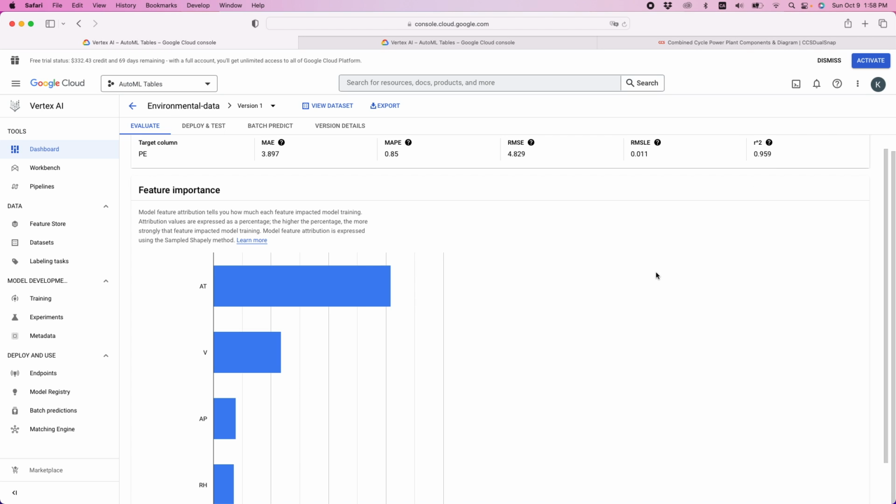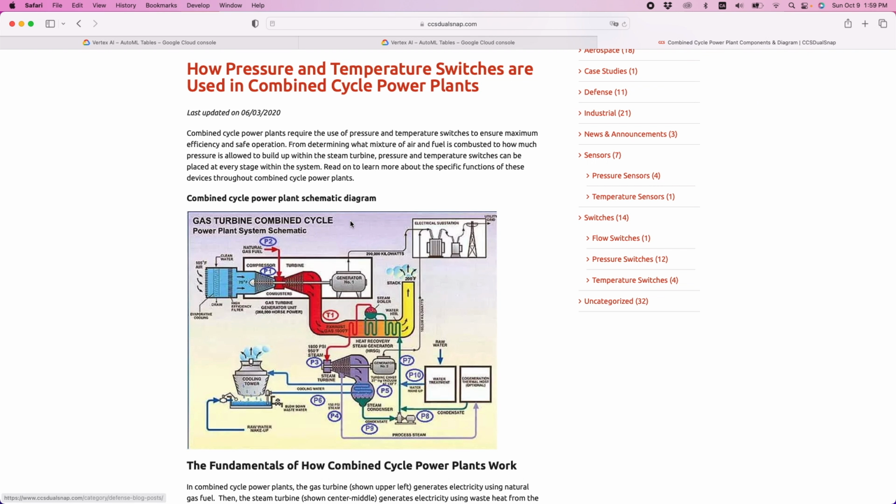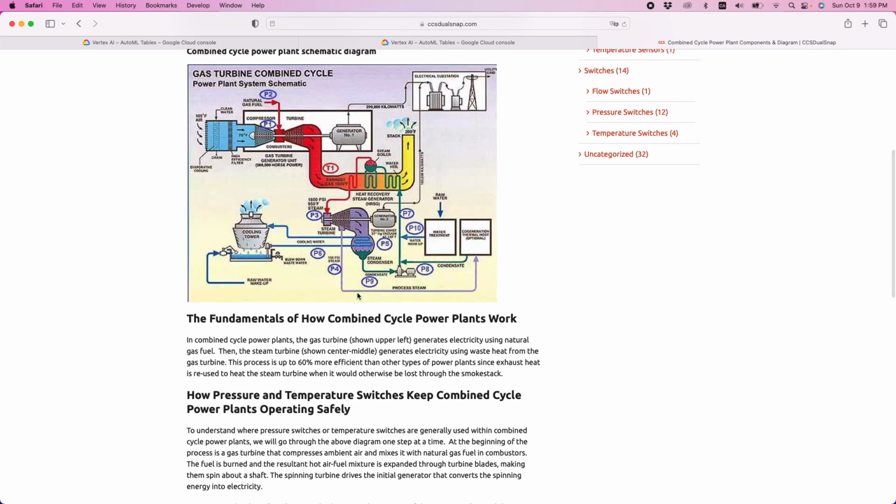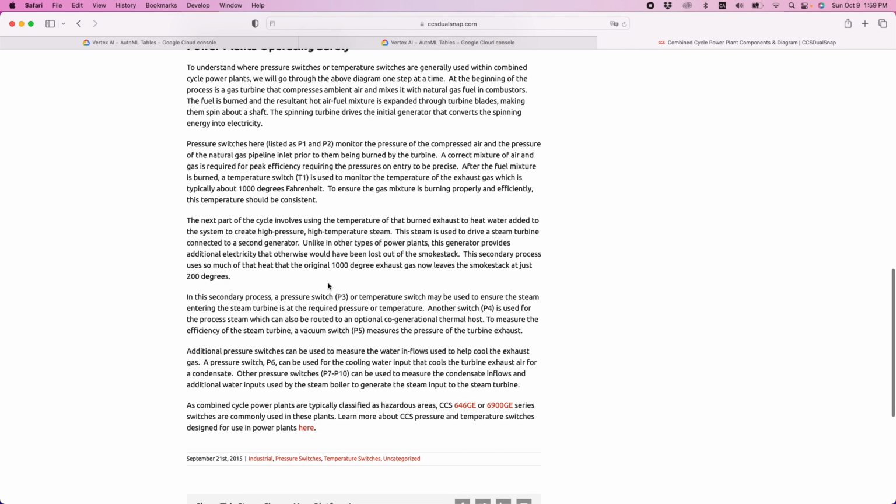However, we shouldn't be distracted by this fact, because exhaust vacuum in the combined cycle power plant is used as a feedback feature to set up the efficiency of the steam turbine.